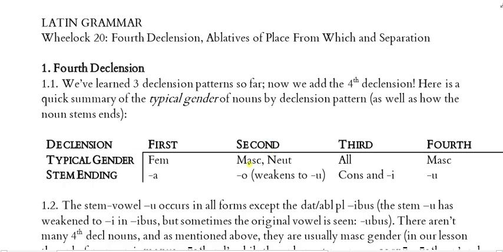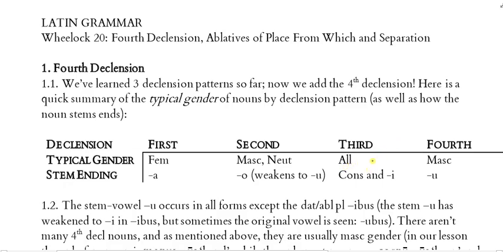Second declension are usually masculine and neuter, and their stem vowel ends with an O, but that O often weakens to a U in many of the forms, though you will see the O showing up on occasion as well. Third declension nouns typically are going to have stems that end with consonants, or we have I stems as well. And these cover all genders, so masculine, feminine, and neuter.